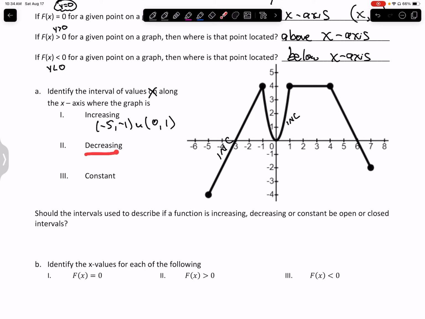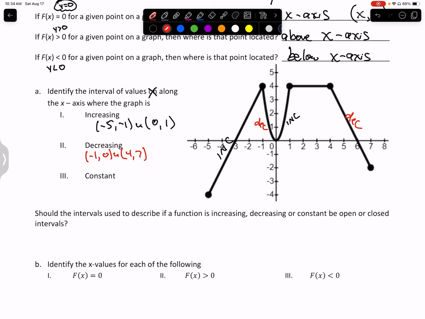This next one, when is the graph decreasing? That means as you move from left to right, the graph goes down. So that's happening here, and that's also happening over here. The graph goes down. Those intervals are from -1 to 0 in union with 4 to 7.